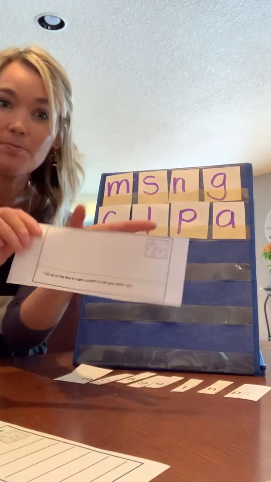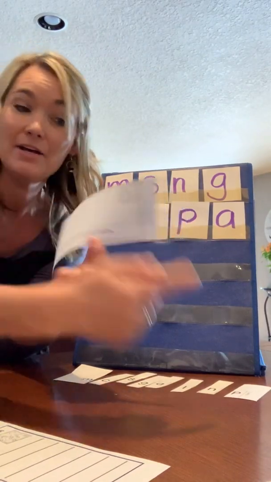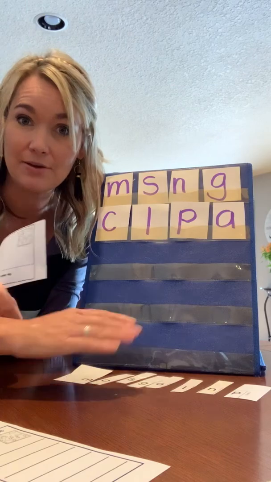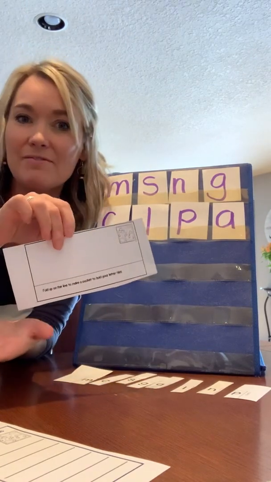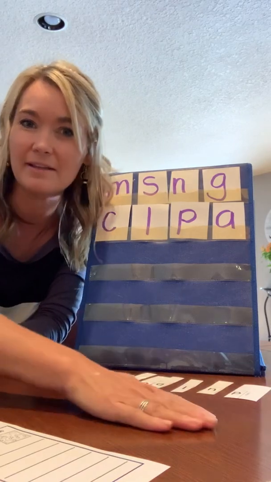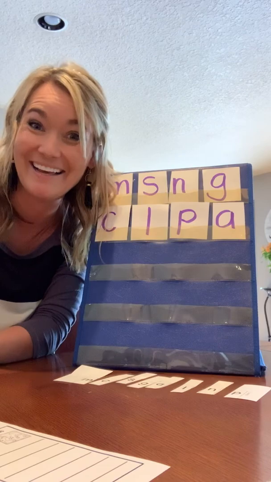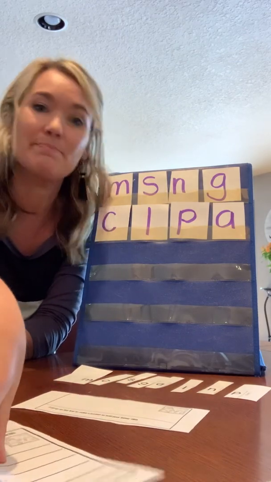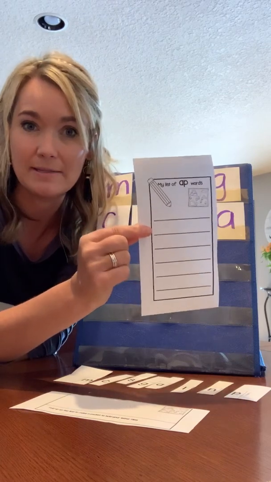Now this open space you can use as your word building mat. So you can pull down the letters that you have and build the word right here. You don't have to. If you just have a blank piece of paper, you could just build the letters on an open space in front of you. That would work just as well, okay? And then this part of the paper that you have now that's left over has a pencil on it.